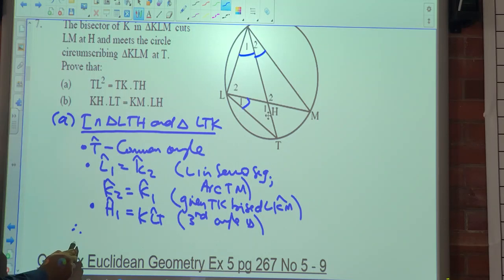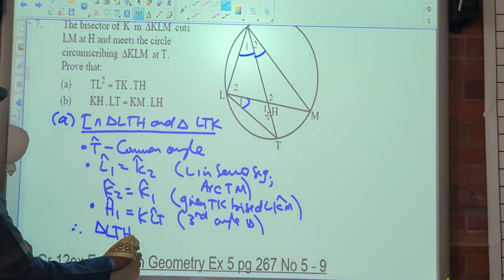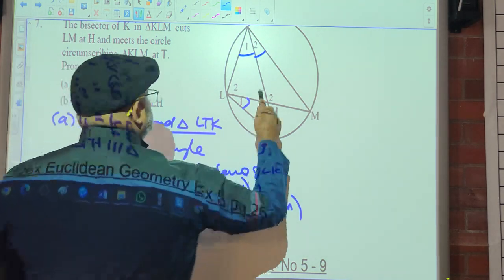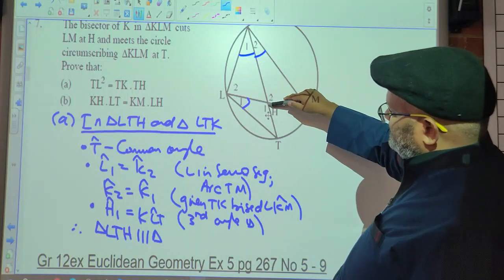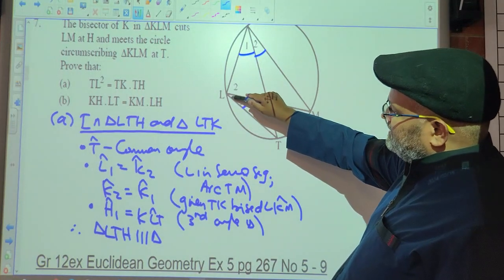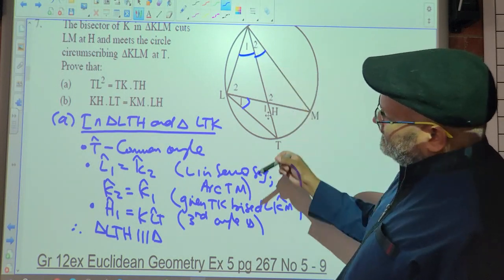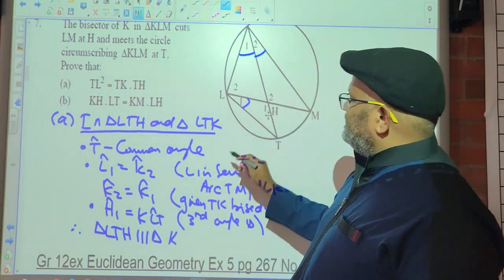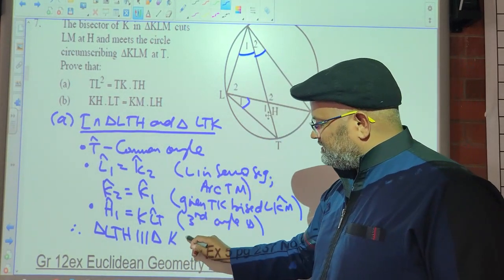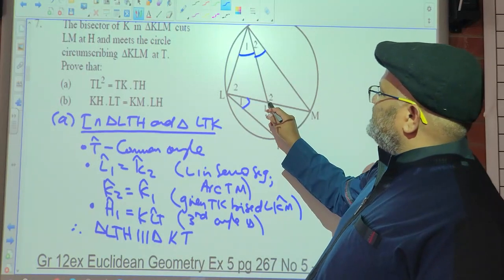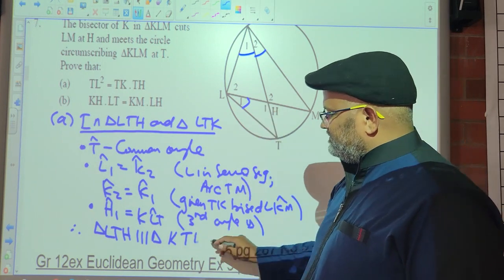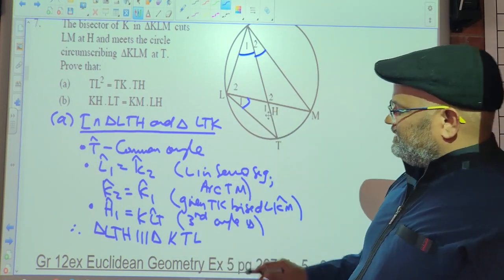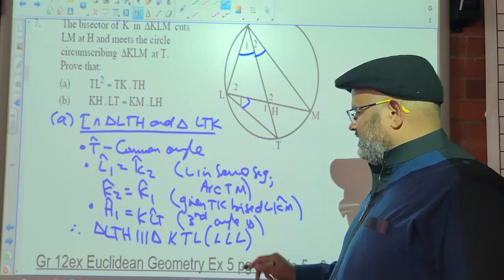Alright, so we can conclude therefore, triangle LTH is similar to triangle KTL. So you've got LTH, which is this triangle here. So L corresponds with K, T with T, and H with L. And the reason here: angle, angle.